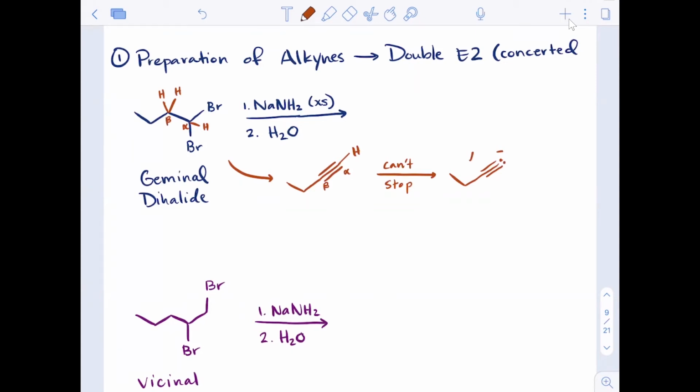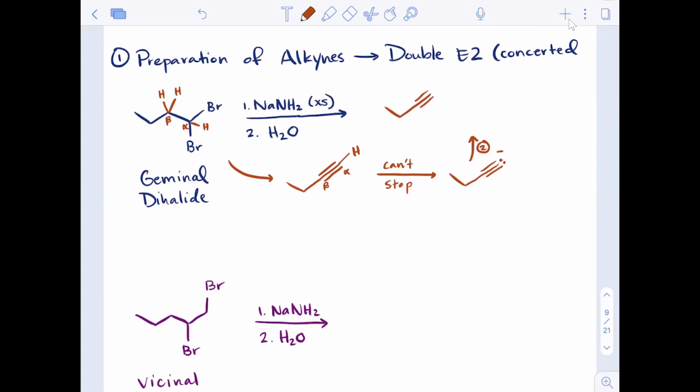Hence, that final step of the water workup, step number 2 there, to put the proton back on. So not only will sodium amide or our reactive bases do double elimination, but there's also the ability to proton transfer at the end.